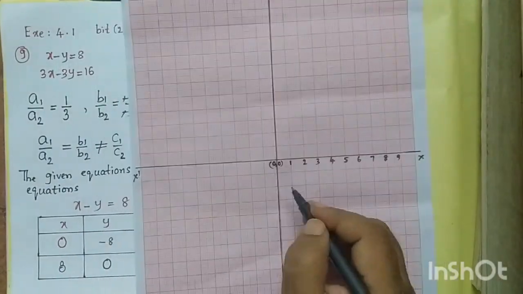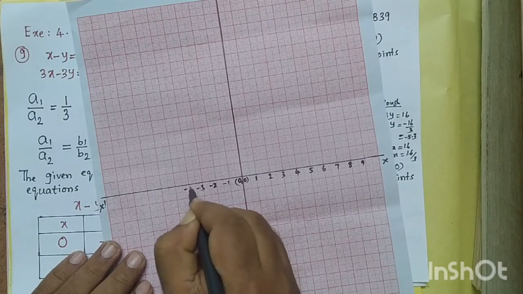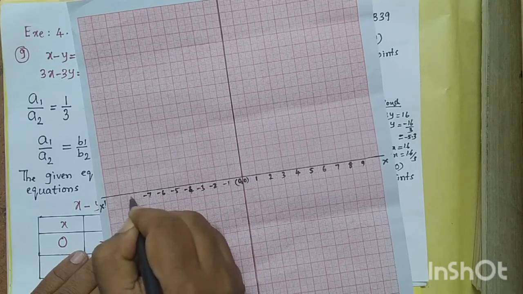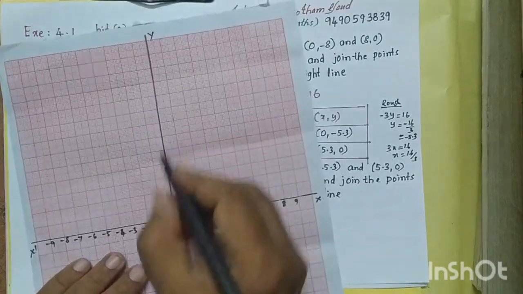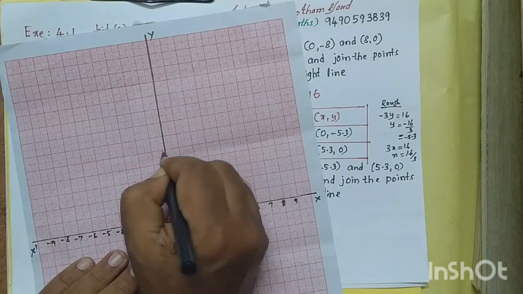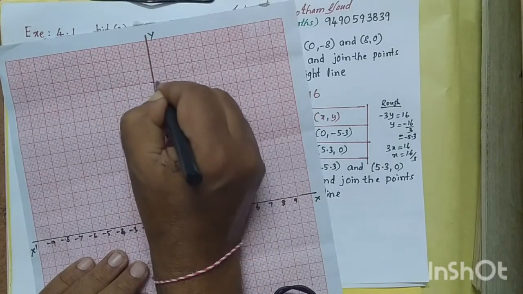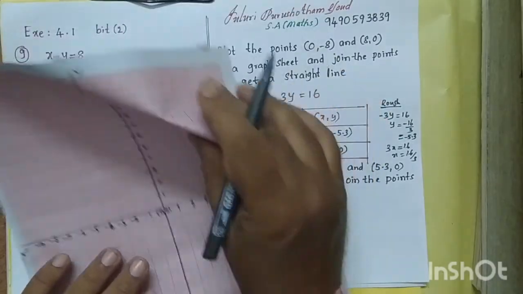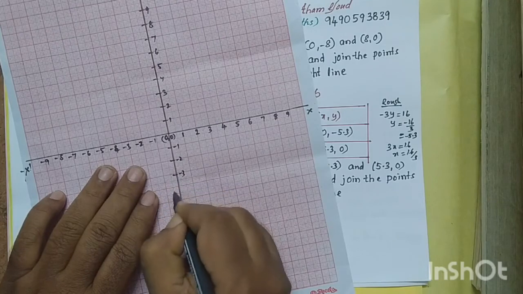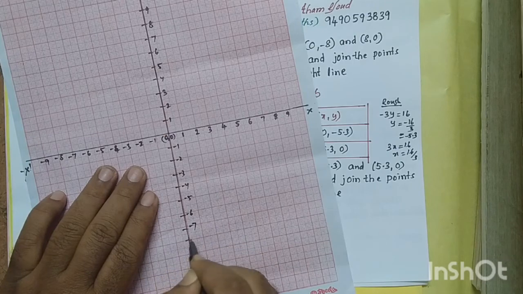On the left side we take minus 1, minus 2 and so on, and in the positive direction 1, 2, 3 up to 9 and so on. On the negative y-axis, minus 1, minus 2, minus 3. Like this you have to write.